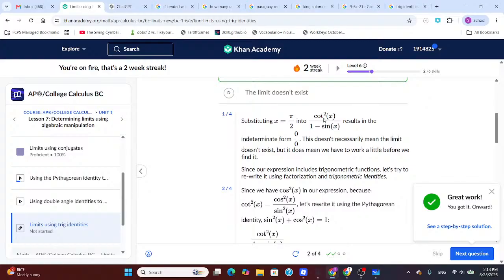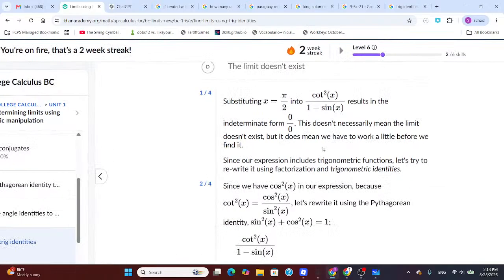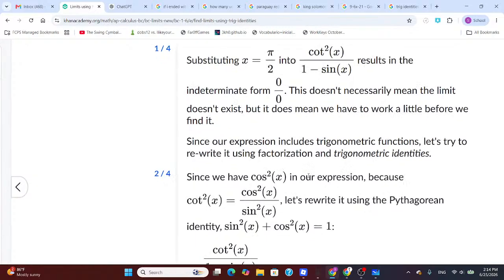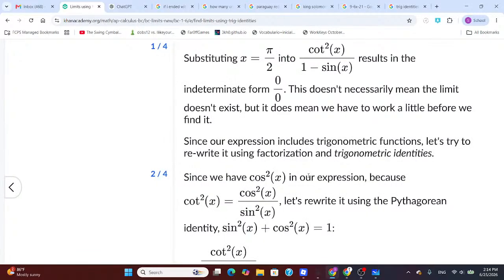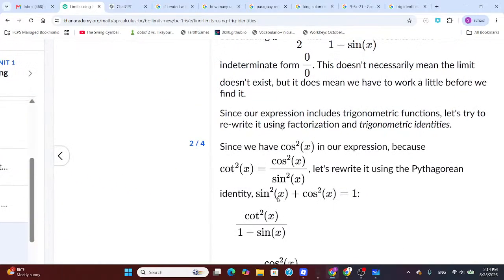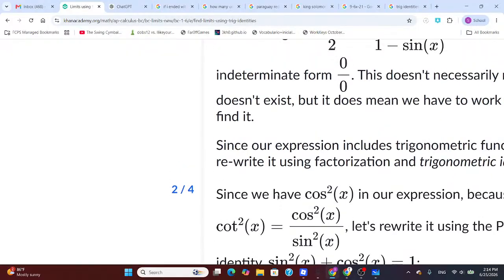And you just have to rewrite some stuff to make things easier. So cotangent, okay, we have to rewrite this. Cotangent squared x is cosine squared over sine squared x.